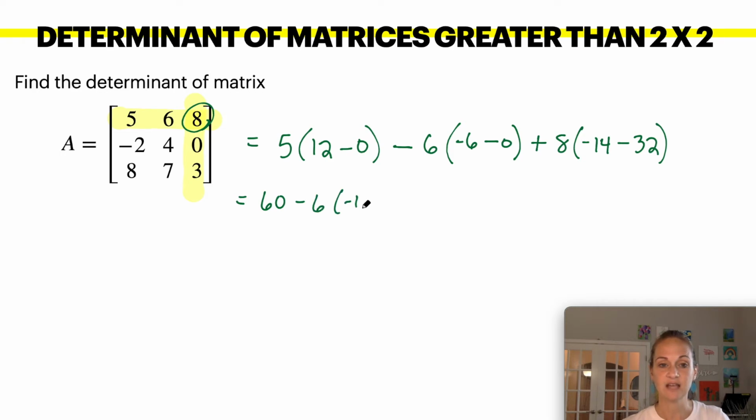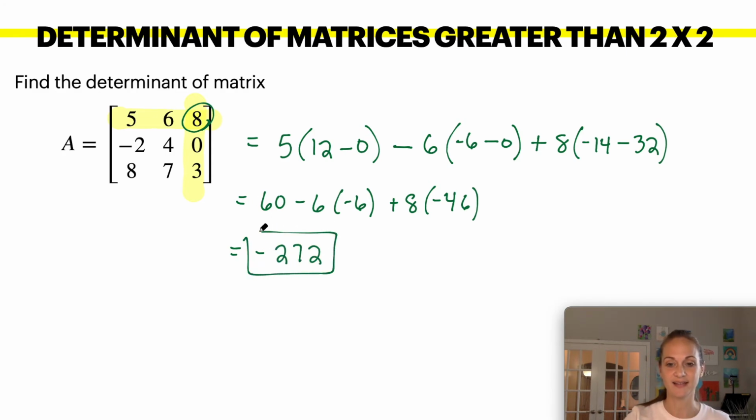Negative 6 times negative 6, and then a positive 8 times a negative 46. If you were to put these numbers into the calculator, you'll get negative 272, which is exactly what we got.